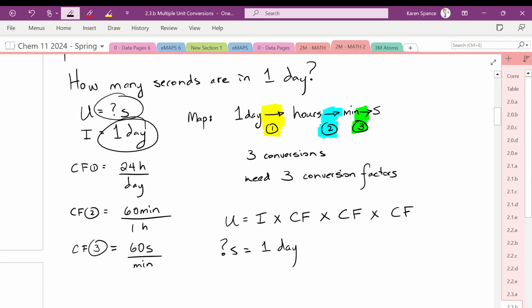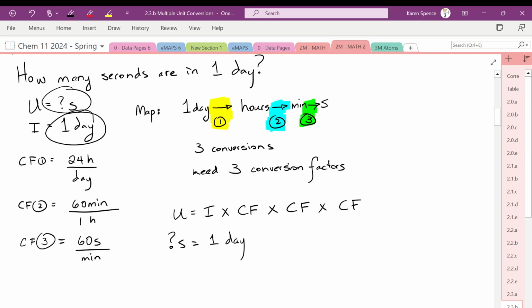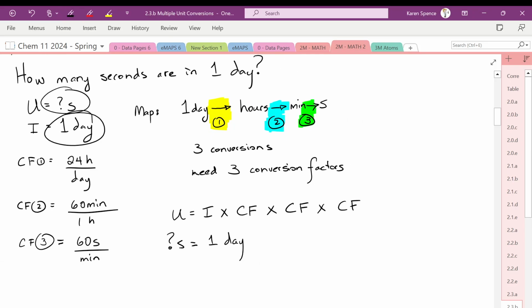My recommendation to you is, because you have 3 conversion factors, don't write in any conversion factors yet. Just write the following: times line, times line, times line.